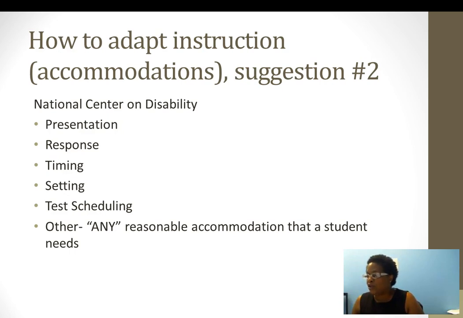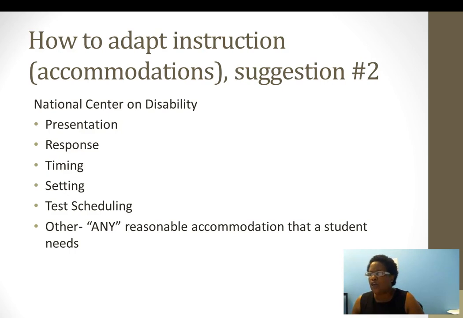So an instructional adaptation is different from accommodation in that there is an idea of instruction, what you're doing in the lesson, and accommodation is more environmental. But when you look at something like presentation and response, that is part of what's happening in the lesson, because you are presenting and students are responding. So when people say adaptations and accommodations, it is because there is overlap in some of that.